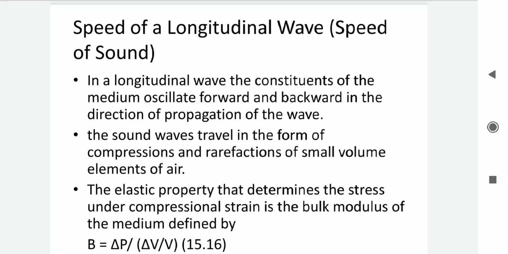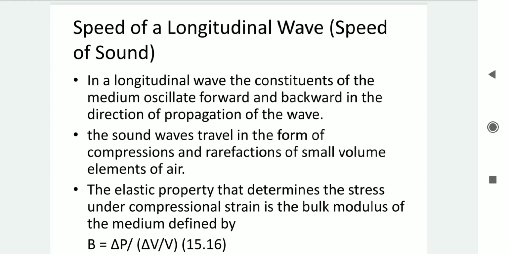So the elastic property that determines the response to compressional stress is the bulk modulus of the medium. The bulk modulus B is equal to delta P divided by delta V by V. So a change in pressure produces a volume strain delta V by V. That is the stress by strain, the change in pressure by the volumetric strain.